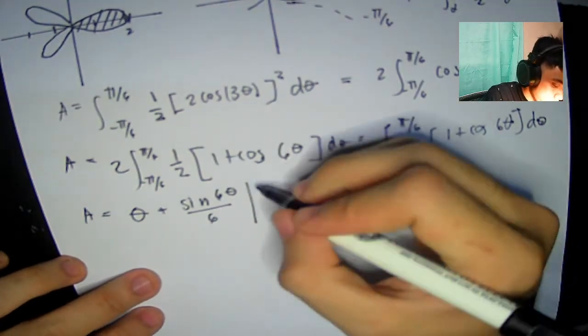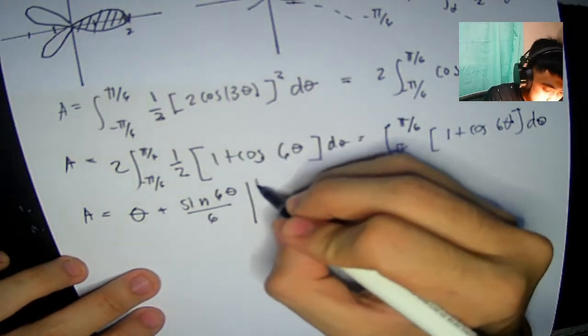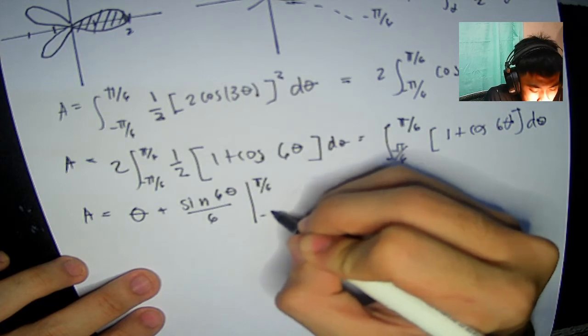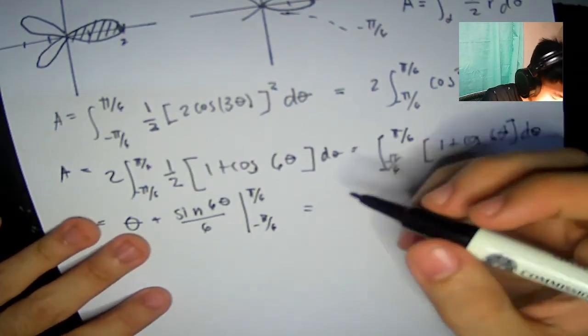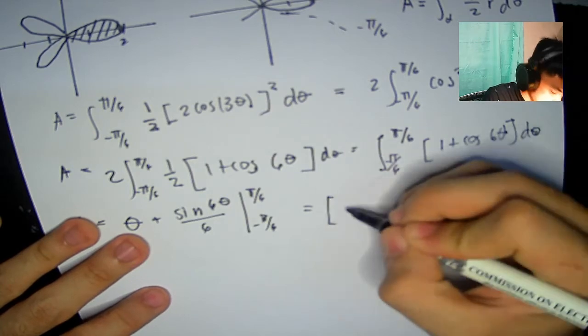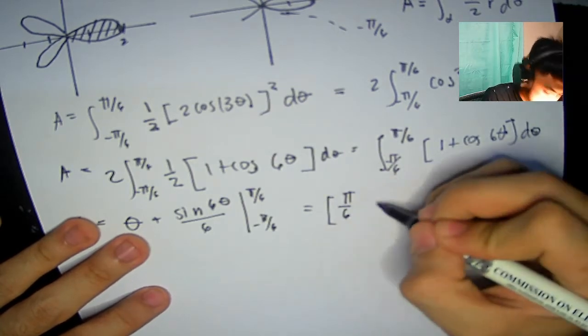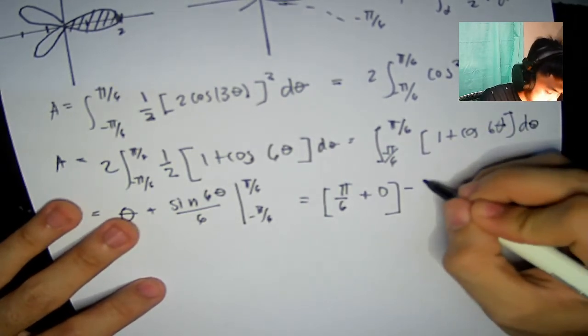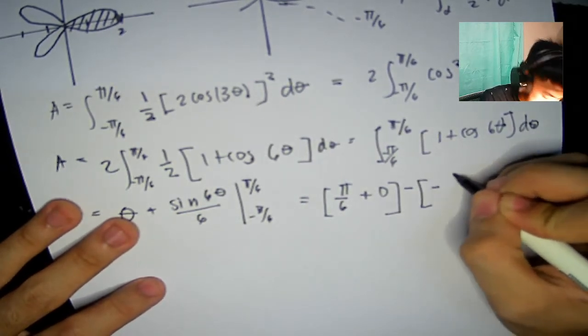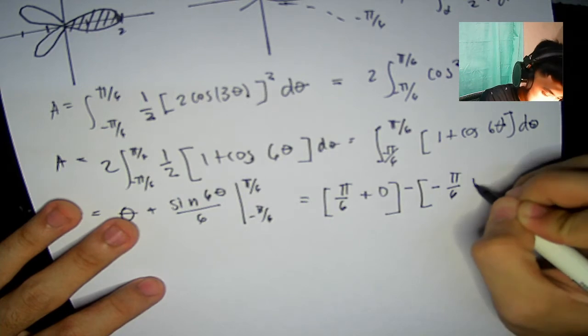So just substitute theta. We'll have the range pi over 6 and negative pi over 6. So it is equal to pi over 6 plus 0 minus negative pi over 6 plus 0.